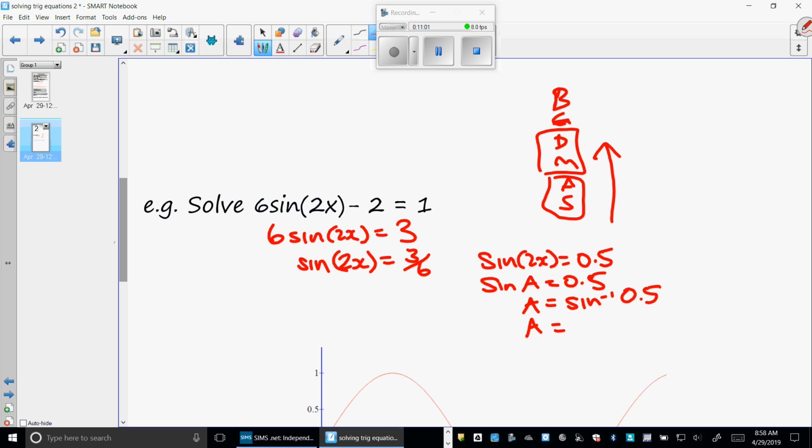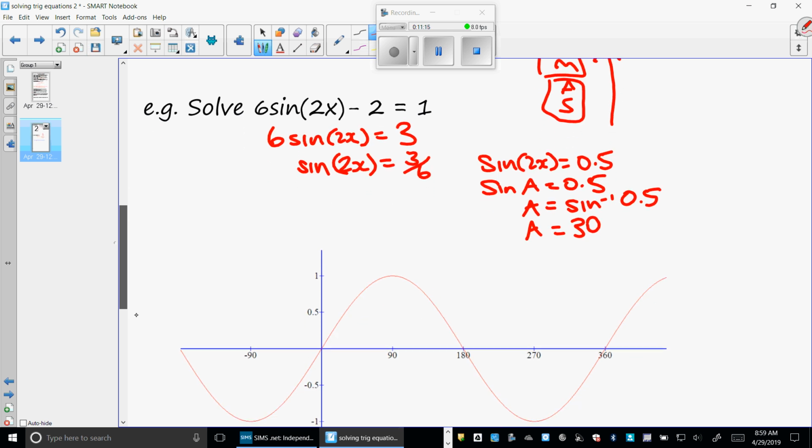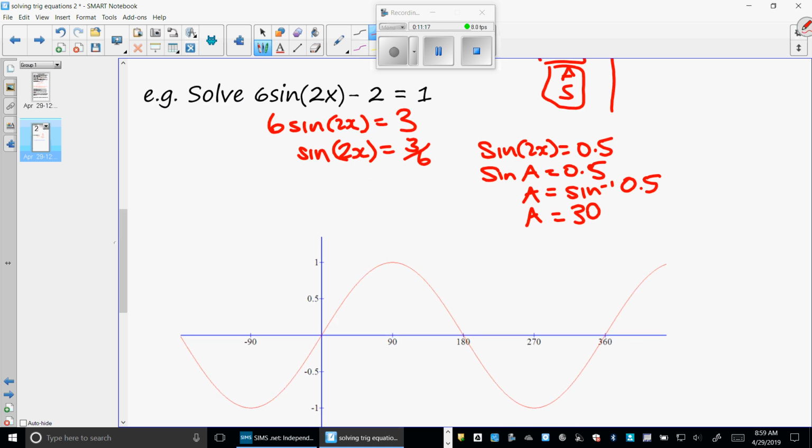Now, I can't stress enough that sometimes these could be on a non-calc paper. So you may be required to solve things like this without the calculator. So you've got to remember those triangles. So you find A is 30. Do you remember that? And so this is 30, and then how do we find this one here?